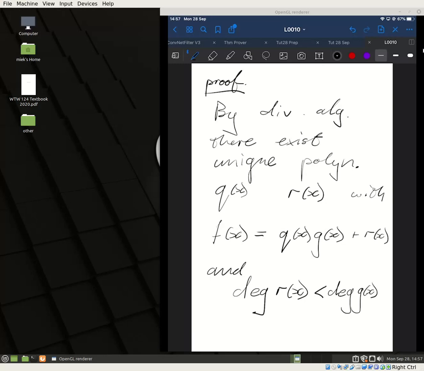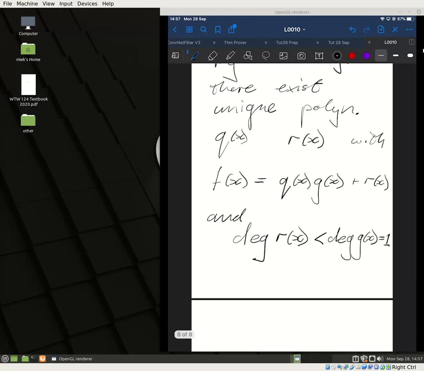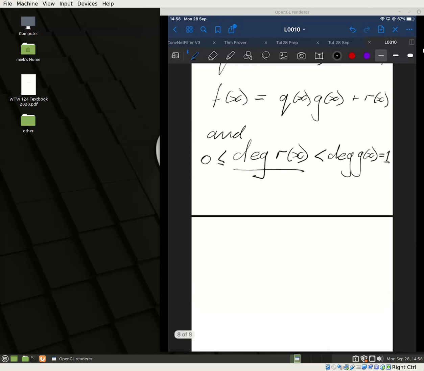But what is the degree of g(x)? That is exactly 1. And the degree of a polynomial is always greater or equal to 0. So the degree of r is greater or equal to 0, but is strictly less than 1. That means the degree of r is equal to 0.